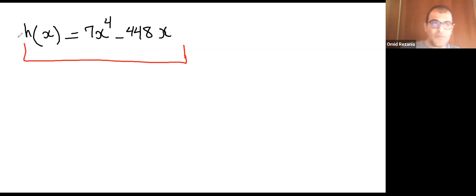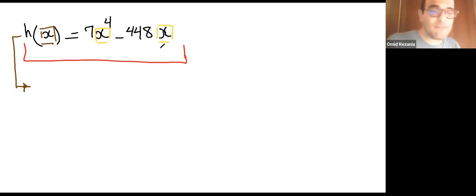For the h of x, which is a single variable function expressed in terms of x, normally when we see polynomials, we try to make an appropriate factorization.